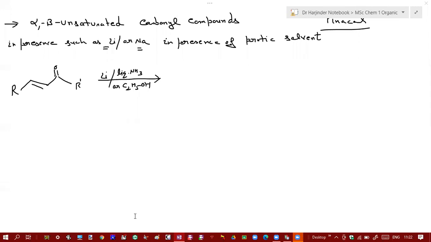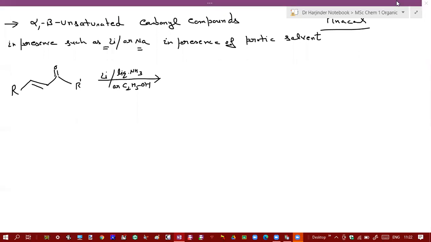So here again there are two possibilities. Either 1,2 addition can take place or 1,4 addition can take place. If 1,2 addition takes place, which double bond will reduce? Carbonyl. And if 1,4 addition takes place, then the carbon-carbon double bond will reduce.